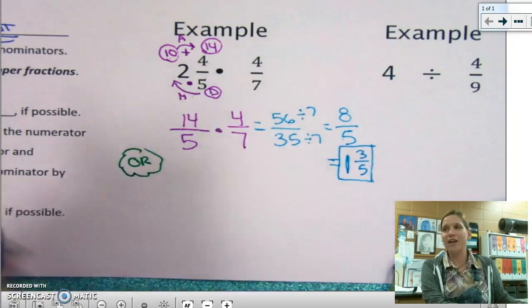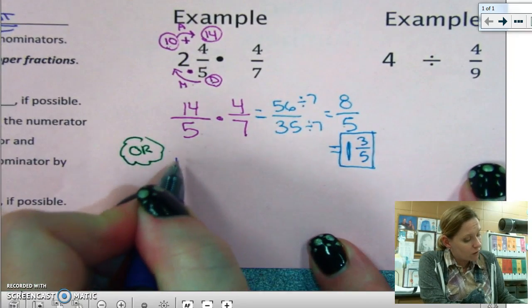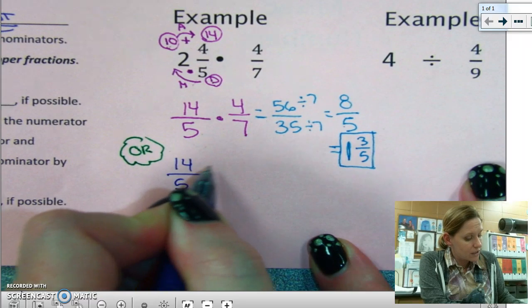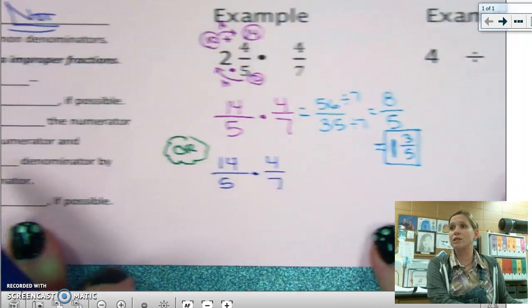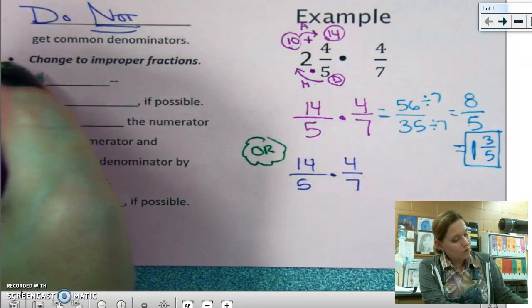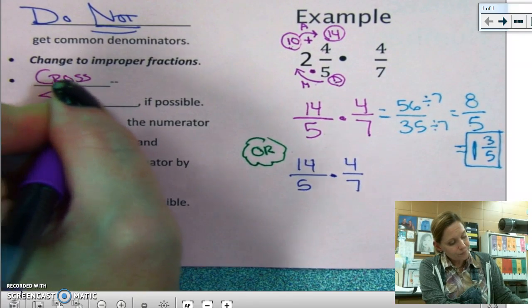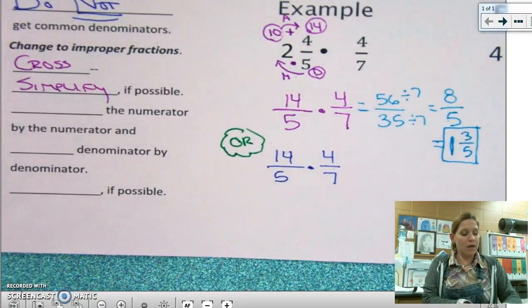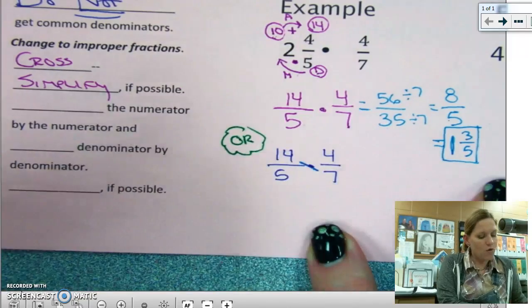Now let's go ahead and take a look at that cross multiplying thing that I really like to do. So let's do that same problem that we had above after we did the improper fraction stuff. And now we're going to cross simplify, if possible. So I'm going to take a look at my crosses. I'm going to start here first. 14 and 7.